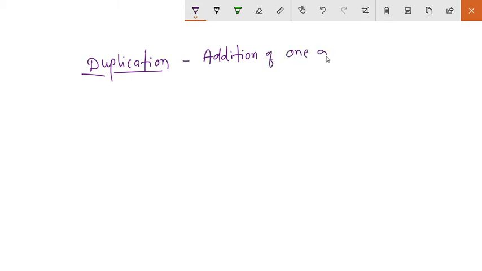Okay. Then the next chromosomal aberration is known as the duplication. The first was deletion, the second is duplication. Duplication means there is addition of one or more genes to the chromosome.